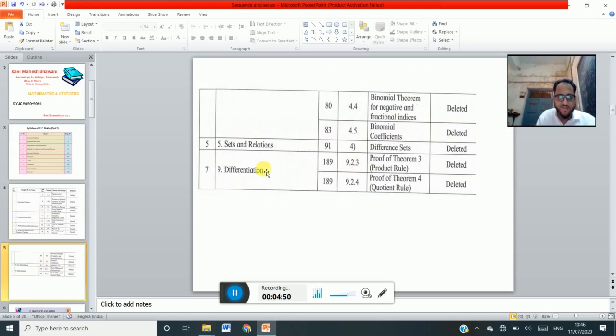And chapter number 5, sets and relations: from here only difference sets is deleted. And the next chapter is differentiation, from which the proof of theorem third and proof of theorem fourth, that is product rule and quotient rule, these two are deleted, right?